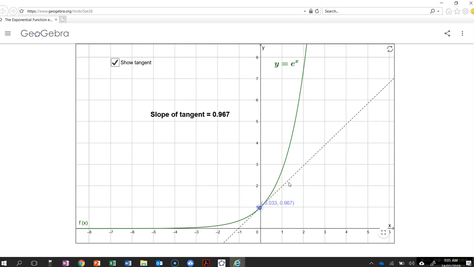Or in other words, it makes an angle of 45 degrees with the x-axis. So let's go with that picture in our mind, that the height of the curve and the slope of the curve are the same, and look at how that can be expressed both in text and mathematically.